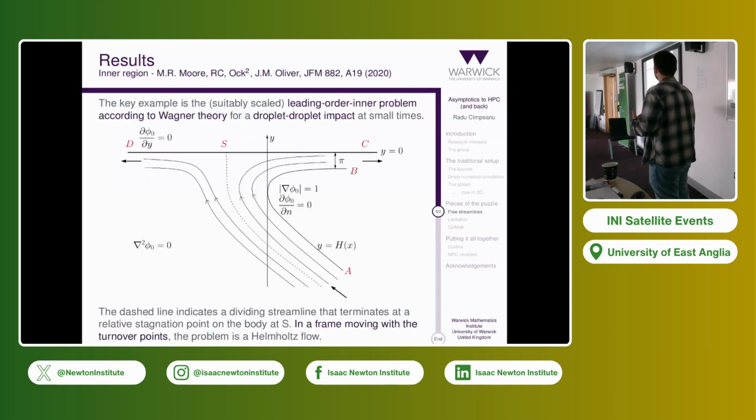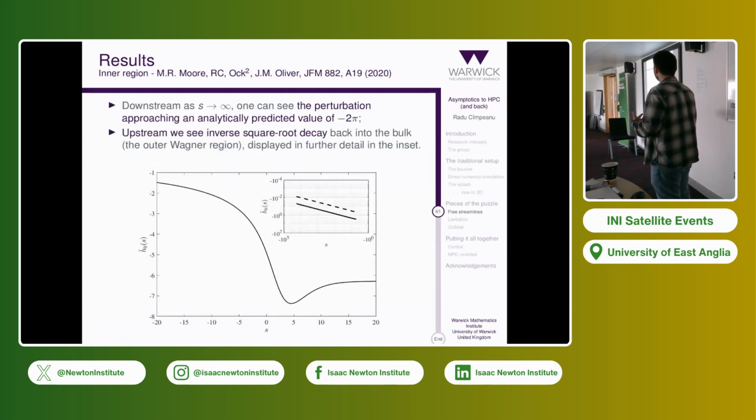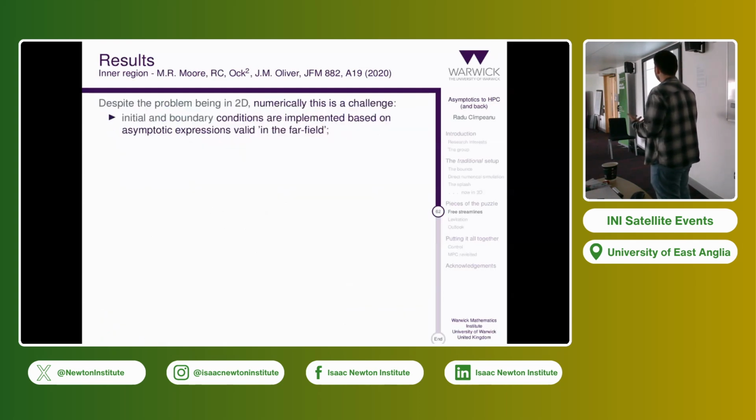Kind of the punchline here is this is the inner region type of problem we were looking at before, cast in the right way. And we play the same game. We find this shape correction, which will give us the angle correction, and it seems to check out numerically. The way I've done this here is, I'm not going to use the board, but you can imagine it. If you remember the sketch with the outer region, the inner region, and the jet region, I've only simulated the inner region.